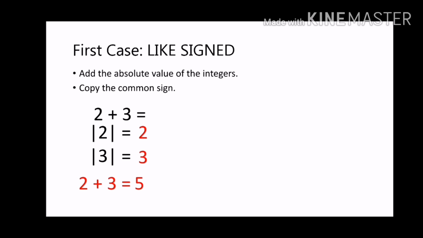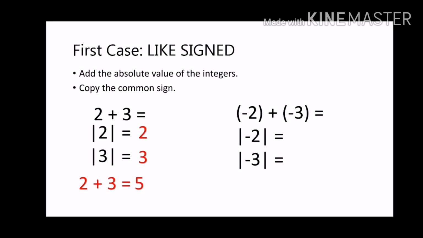Now, let's proceed to another example. For the other example, we are now adding both negative integers. We shall get the absolute values of the two integers. For negative 2, the absolute value is 2, and the absolute value of negative 3 is positive 3.